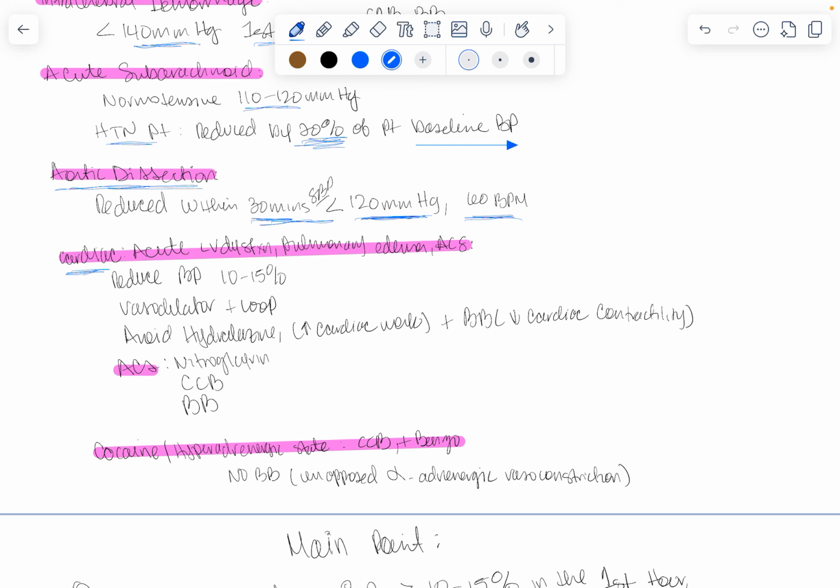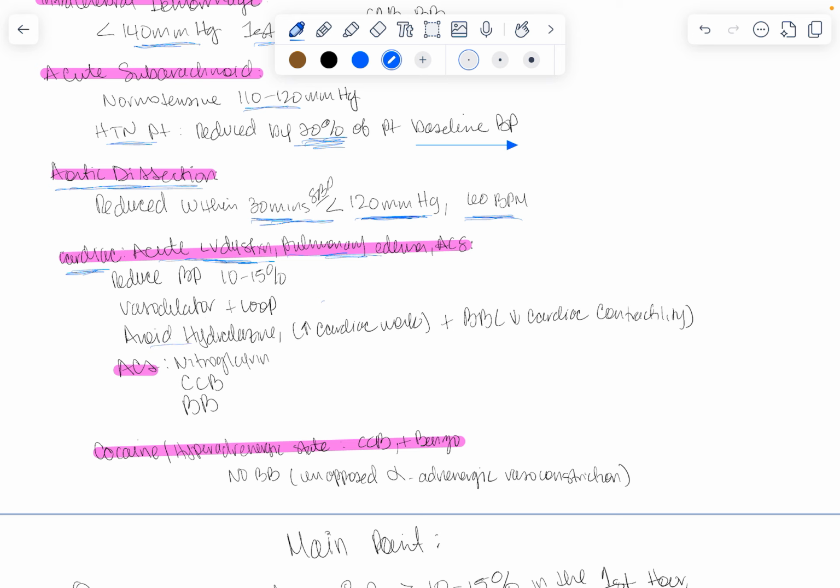Now let's talk about cardiac-related hypertensive emergencies: acute left ventricular diastolic dysfunction, pulmonary edema, and then ACS. If you have acute left ventricular dysfunction and pulmonary edema, you want to reduce the blood pressure by 10 to 15% in the first 1 to 2 hours. You want to use a vasodilator and a loop diuretic.